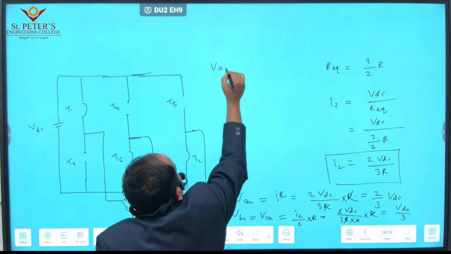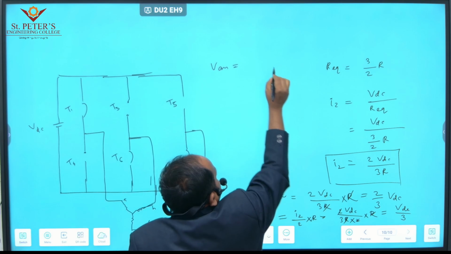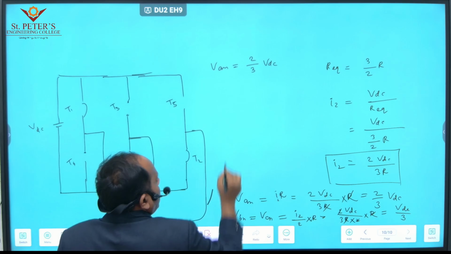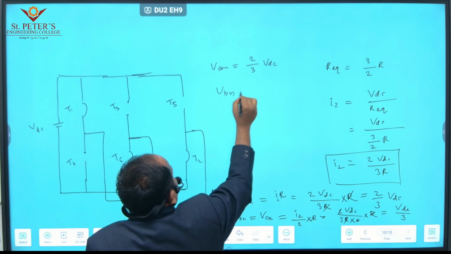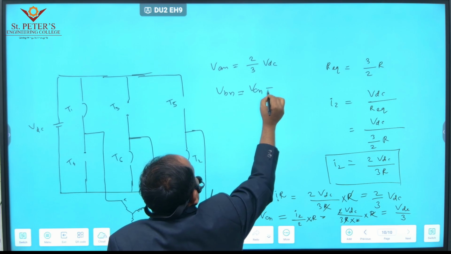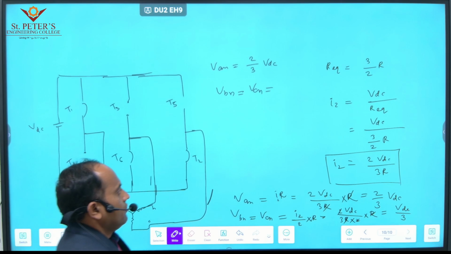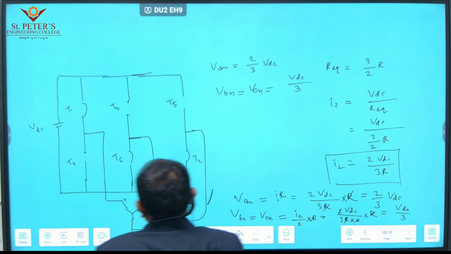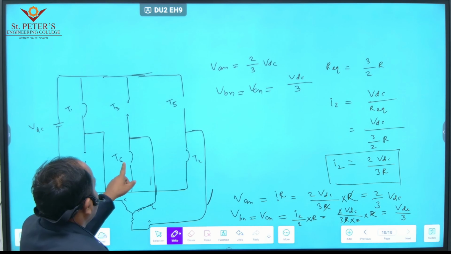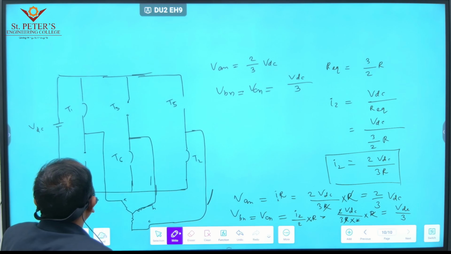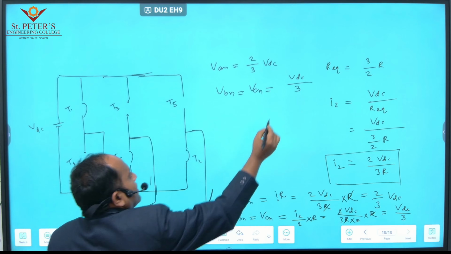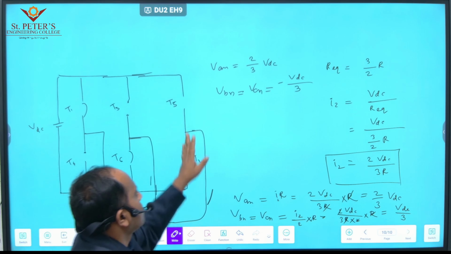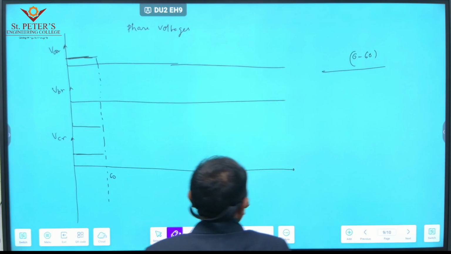VAN is 2 by 3 VDC, and VBN is equal to VCN, that is VDC by 3, and since the thyristors T6 and T2 are connected to the negative terminal of the source, this voltage is a negative value. So now again you have to draw these voltages in terms of phase voltages.